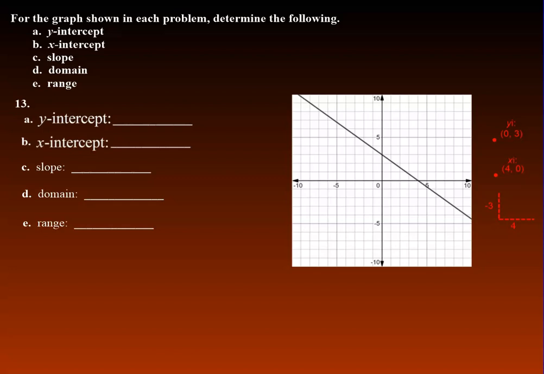So, to find our y-intercept, that's going to be where the line crosses the y-axis. So it's going to be right here at (0, 3). To find our x-intercept, that's where the graph crosses the x-axis, which is right here at (4, 0).